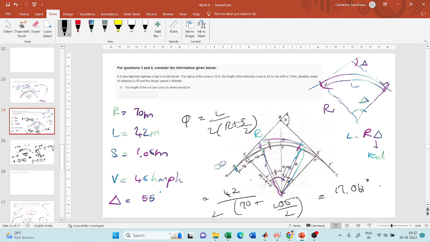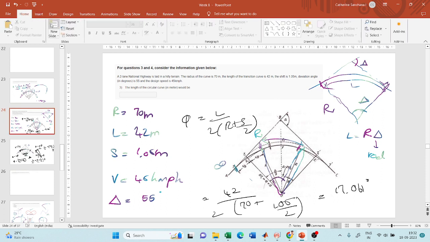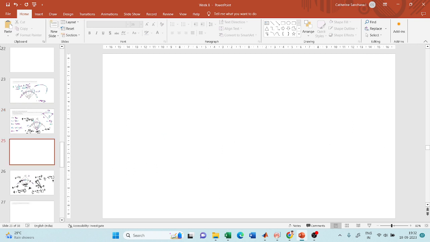Now I need the length of the circular curve. This is very simple. Now I have to find out the angle of the center portion, which is delta minus 2 into phi. This is nothing but 0.36, so I will write it in degrees, 20.878 degrees.